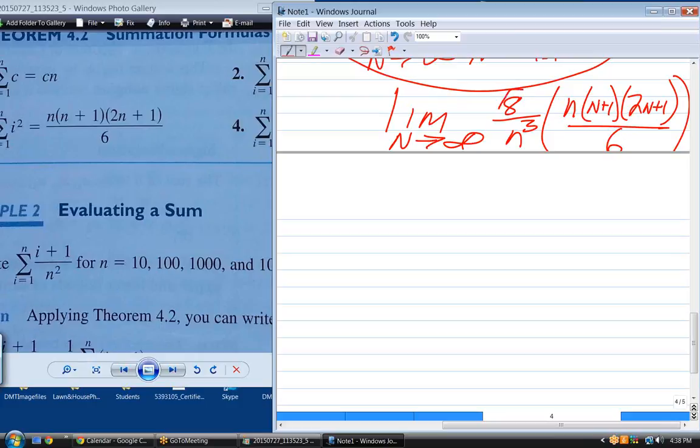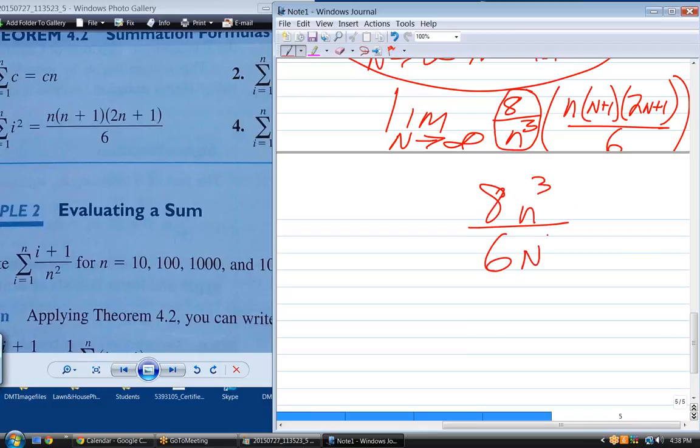And so when I multiply this by the highest degree of n in the numerator, I'm going to have 2 times 8n cubed over 6n cubed, because of this 2 here.